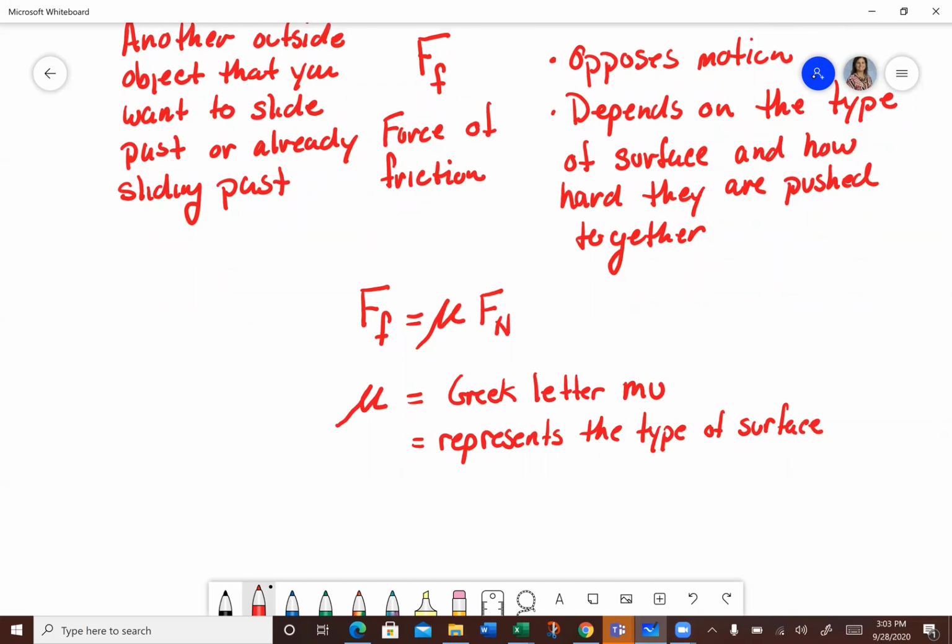So that type of surface, you could have ice and the rubber tires, you can have water and ice together, sandpaper on wood. So we have to somehow put that into our equation, and that's what that mu represents.